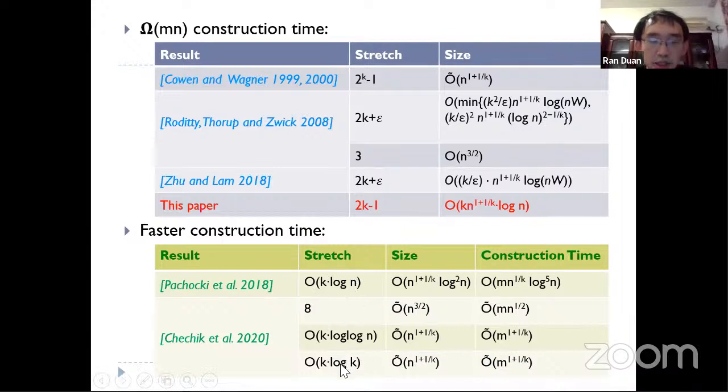With stretch a little bit larger, but construction time can be subcubic. So I think a very good future direction is to improve the construction time of such round-trip spanners.